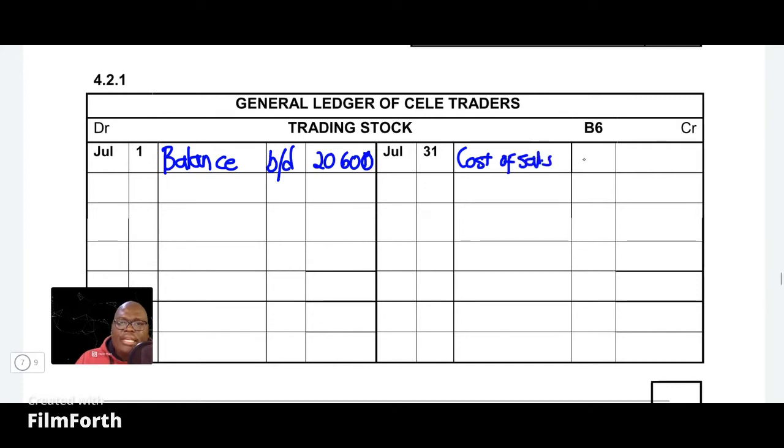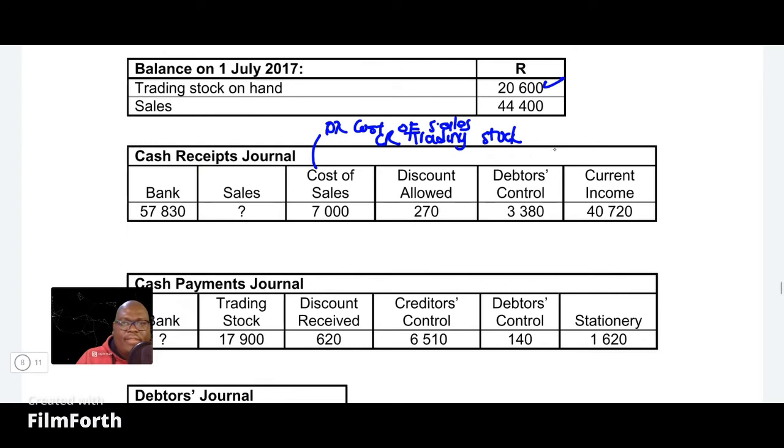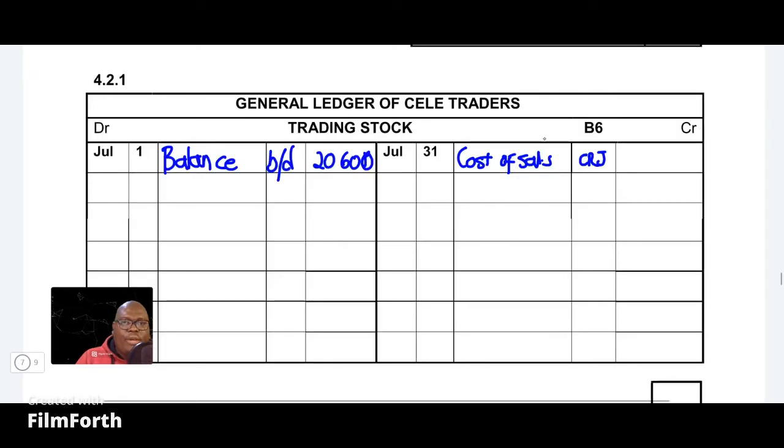And remember, this is from the CRJ, so you must write that you got this from the CRJ, and the amount that we have is 7,000. Okay, so we're going to record that 7,000 here. We're going to write that 7,000 here, and you're going to get a mark for just writing this.